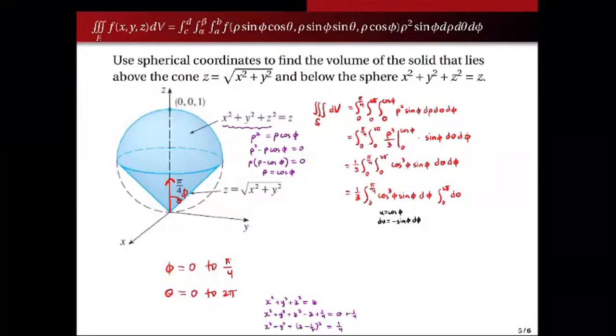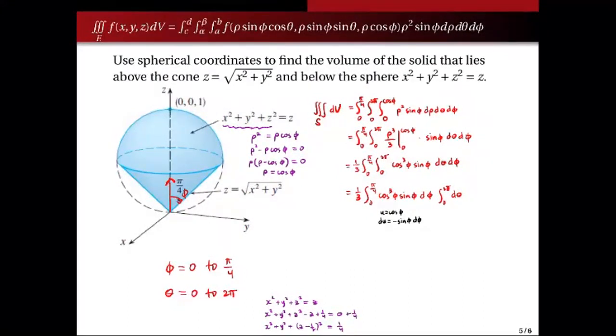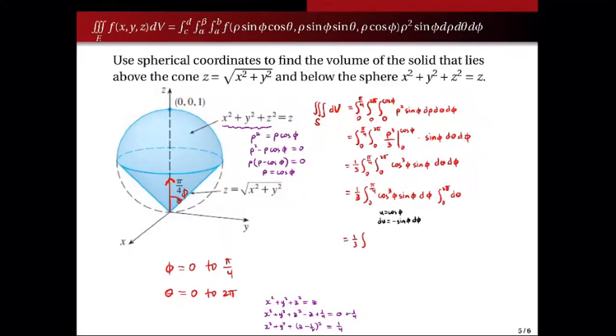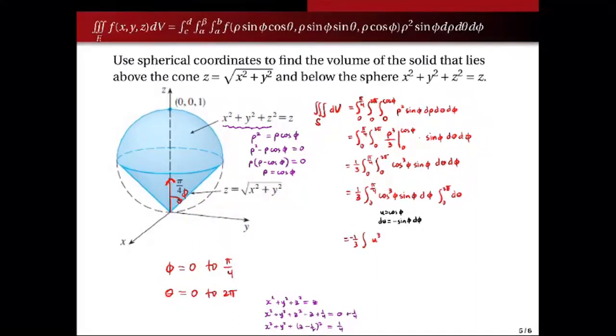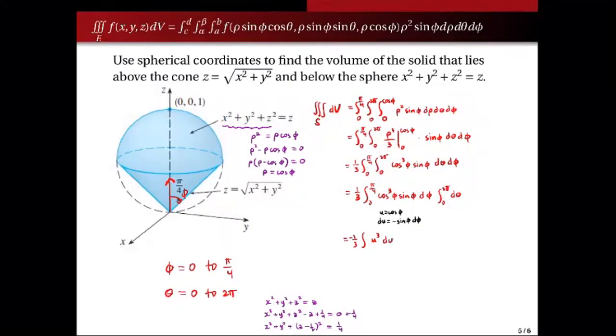So in here, we will have 1/3 times some integral, and you will have u cubed. You actually have a negative, so I'll put the negative outside. So you will have u cubed du.